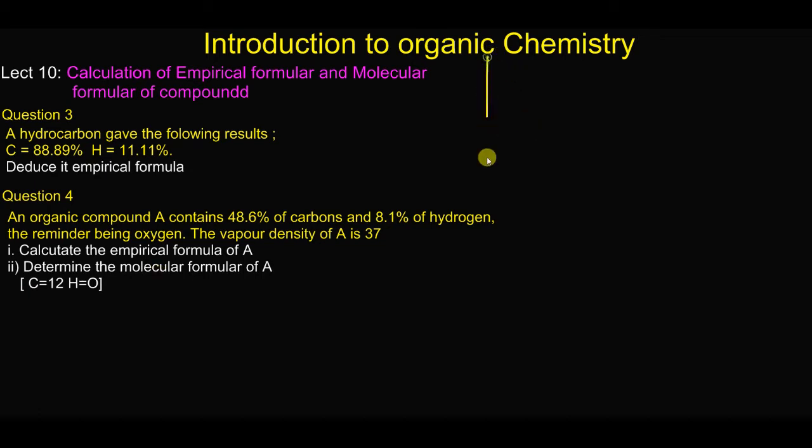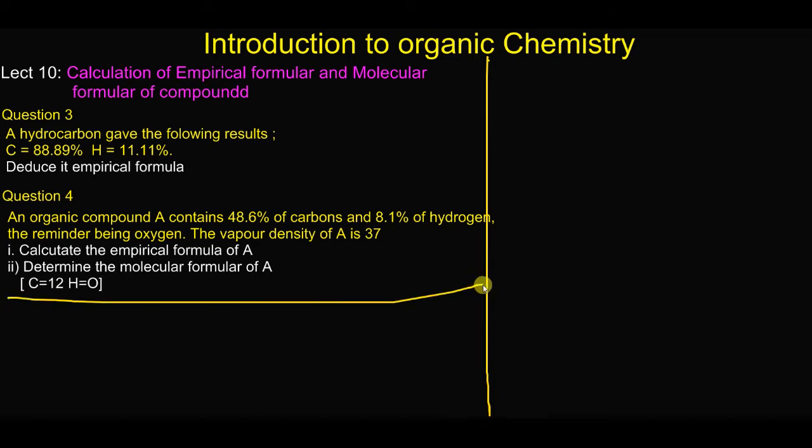So we are going to use this column to do that question. Just follow me there. So that is the solution for the second question. You underline it very nicely, and then you write the percentages.